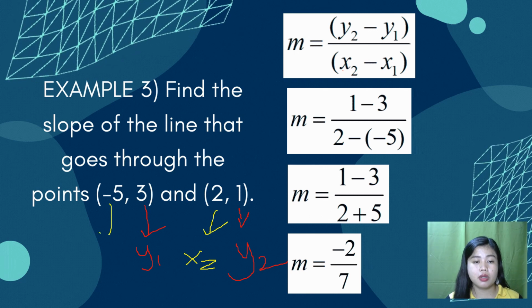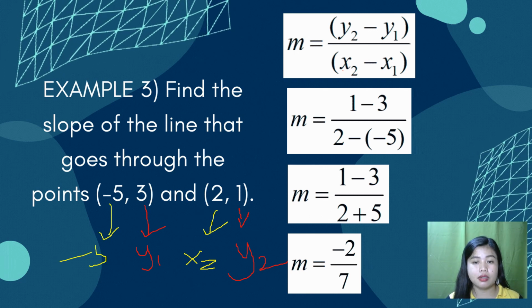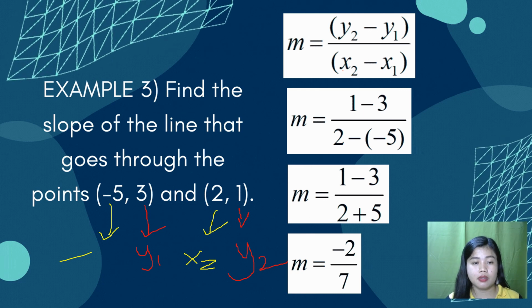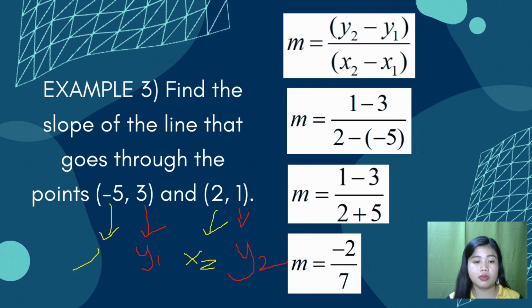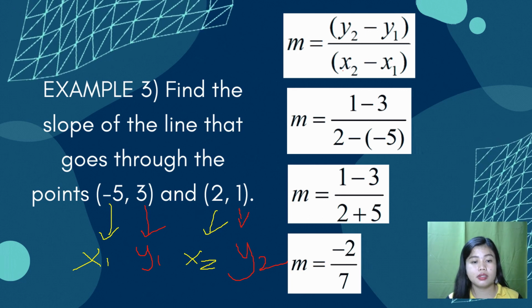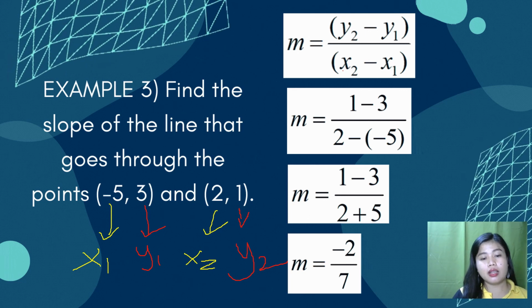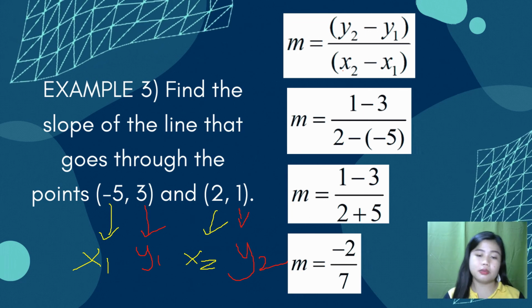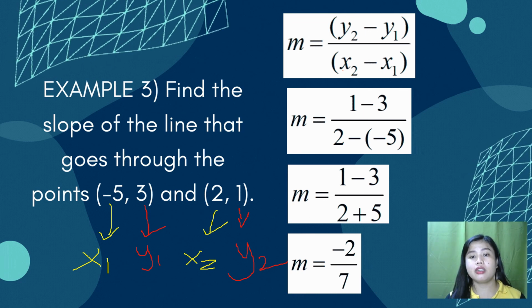Our x sub 1 is negative 5. So, negative 5 is our x sub 1. Okay, after identifying the x sub 1, y sub 1, x sub 2, y sub 2, we have to substitute them in the given formula.